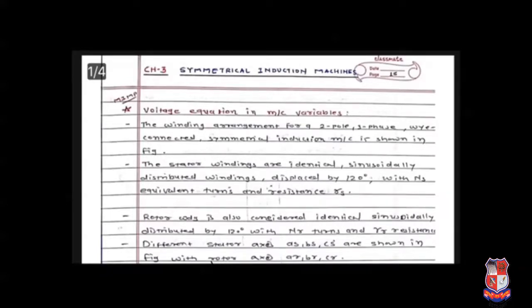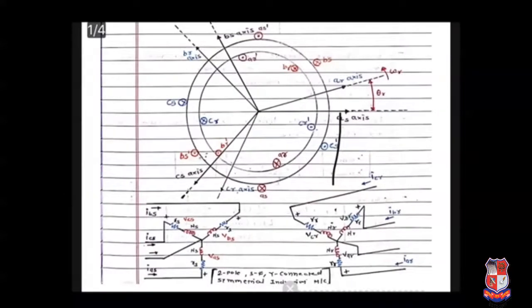So for this, the winding arrangement for 2-pole 3-phase Y connected symmetrical induction machine is shown in figure. So in this figure, the winding arrangement is shown.